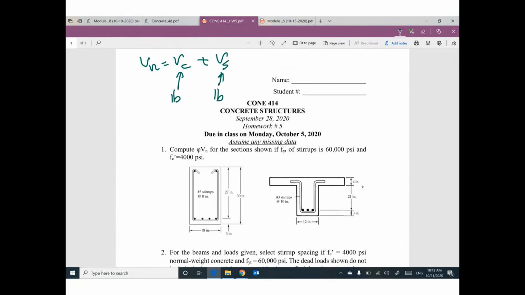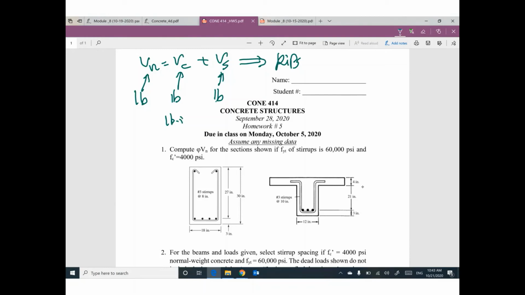So Vn will be in pounds. If you would like to convert it to kip, you have to divide by 1000 only. Because as I remember, some of you assumed Vc in pound-inch.